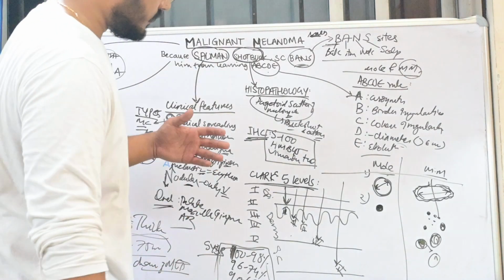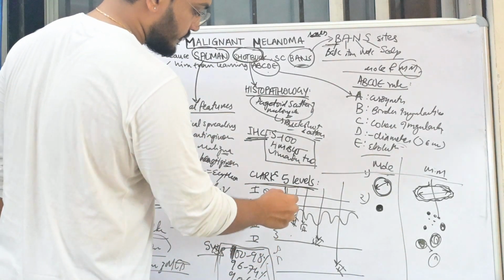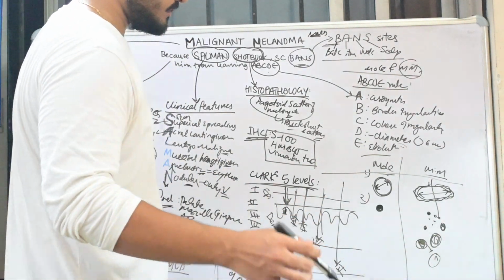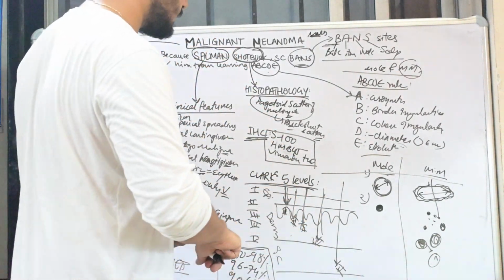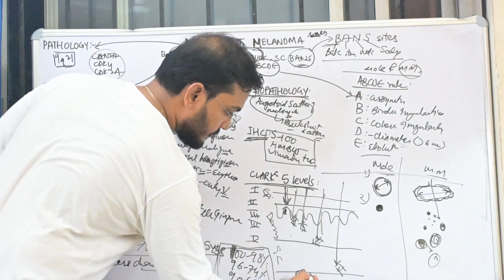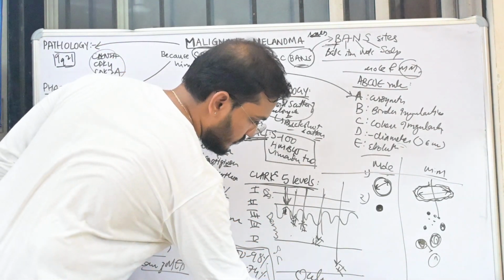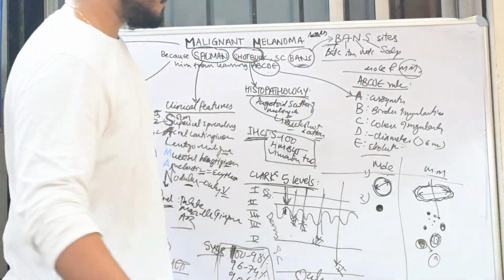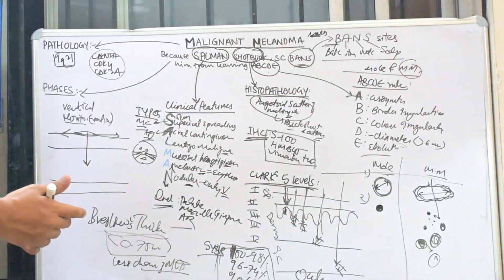And how do you think they evaluate this? It is done by ocular microscopes. This is another MCQ question wherein they use ocular microscopes. To sum up, this is your malignant melanoma.